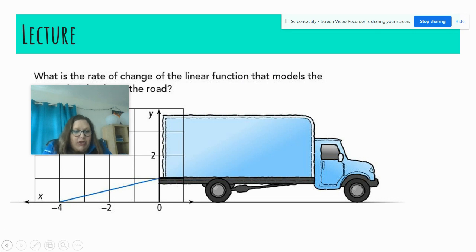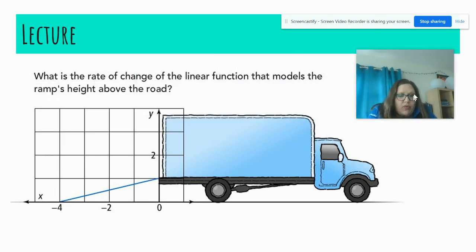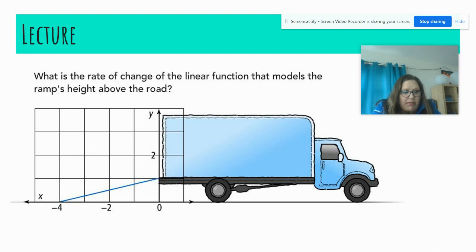There's a rate of change that models the ramp on the road, or the slope of this ramp. So as you can see, we're starting here at 0, 1. And then our next perfect point is negative 4, 0. So our change in y is we're going down 1. And then our change in x is we're going over to negative 4.